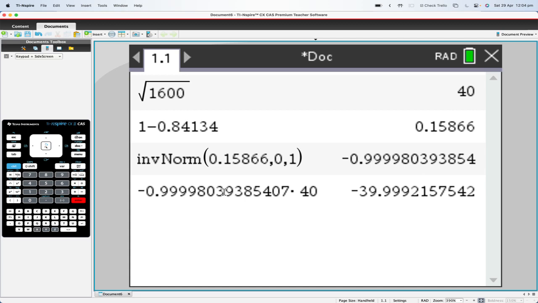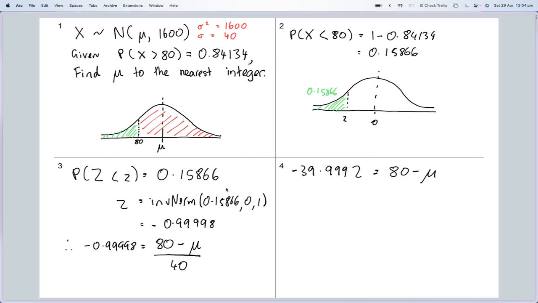Typically, if it's worth a few marks, do a few working out steps so that they can give you part marks if you go wrong, because they won't give you full marks just for writing an answer down. You just need to make an executive decision as you go along: at what point am I going to use technology to do the thinking for me? It is there to do the thinking for you, but it's always a bit of a decision.